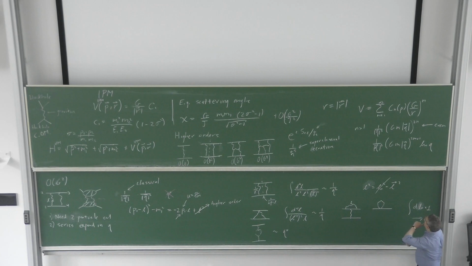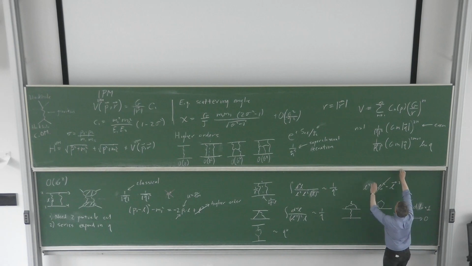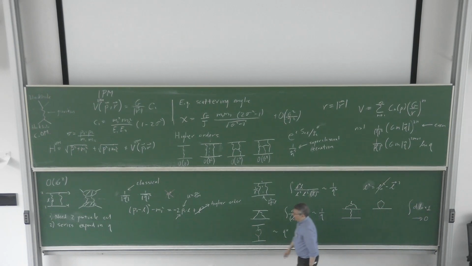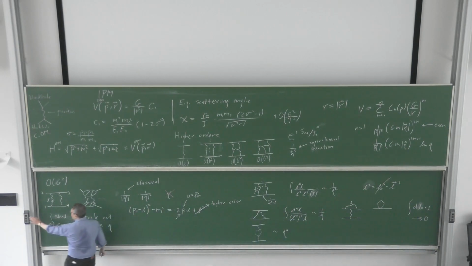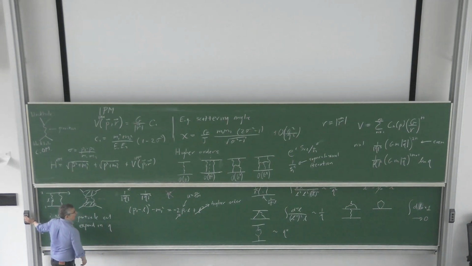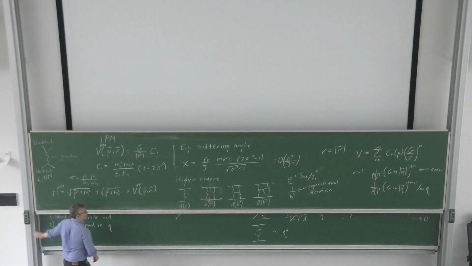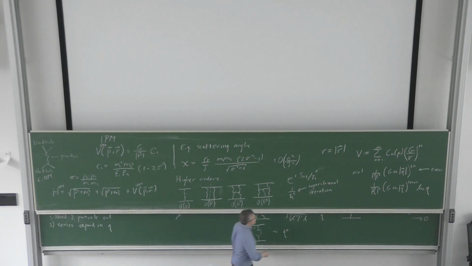For the potential, I write down all orders of perturbation theory, and to all orders, I make it instantaneous in time. This P, I want to put a vector symbol here. That's a P vector, so it's no time component. So this thing is instantaneous in time.